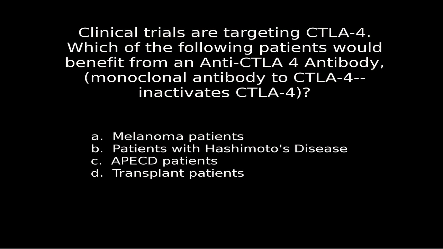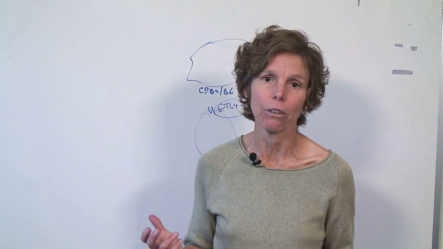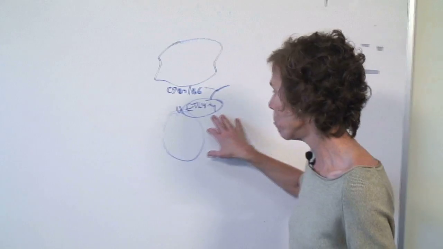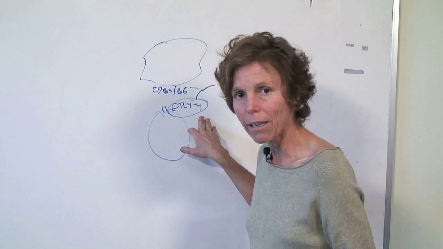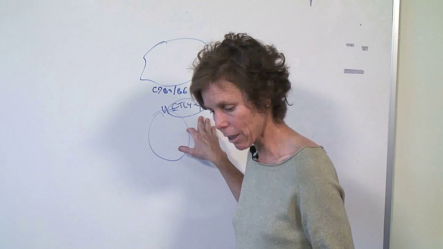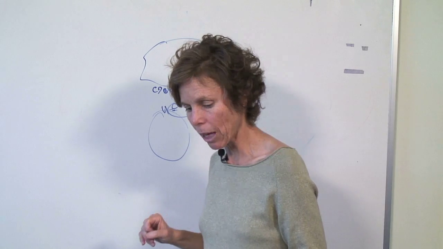B is patients with Hashimoto's disease. Hashimoto's is a T-cell mediated, cell-mediated autoimmunity. We don't want to do that. We don't want to suppress the very mechanism designed to regulate already badly gone wild cells acting badly, doing too much immune behavior. Okay.